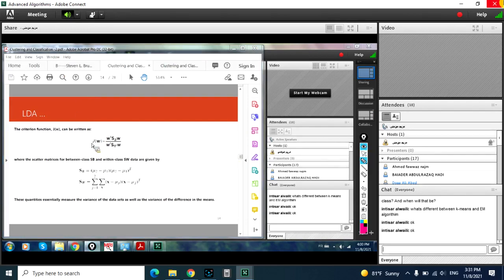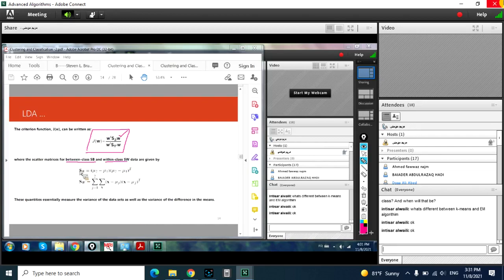Then the researchers said, okay, we consider this ratio, and in this ratio, don't note the W at first, but we can calculate SB and SW. SB is related to the scatter matrix between classes, and SW is related to the matrices within the class.